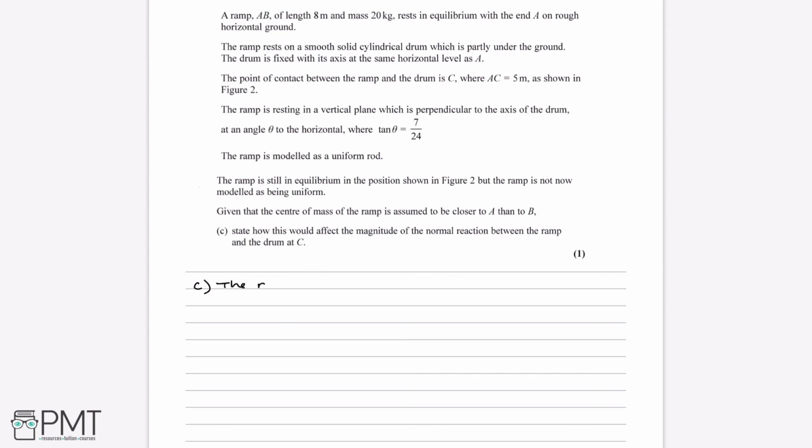And so we can say that the magnitude of the normal reaction at C will decrease. And for this question, because it is simply state how this will affect the magnitude of the normal reaction, we don't actually have to give a reason why. It is literally asking us to say whether it would increase, decrease, or stay the same. And so this is enough to get us 1 mark, because we've stated that it will decrease, and that is the answer.